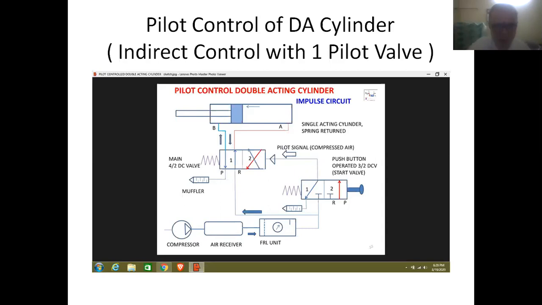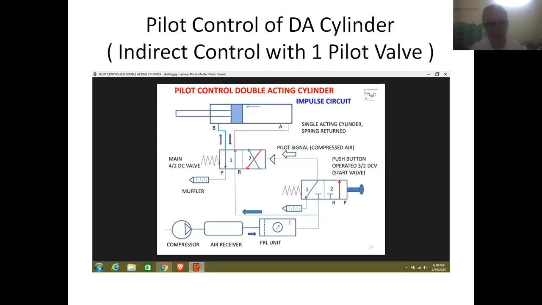And this is the pilot pipeline for sending fluid between the pilot valve and the DC valve. Here we have exhaust pipelines: the exhaust pipeline for the pilot valve and the exhaust pipeline for the DC valve. And ultimately, system pipelines for connecting the outlets and ports of the cylinder.